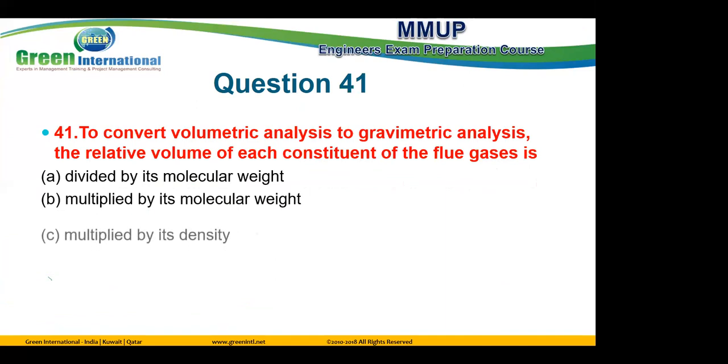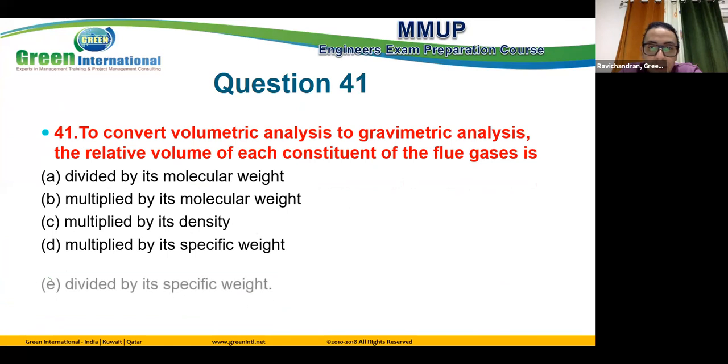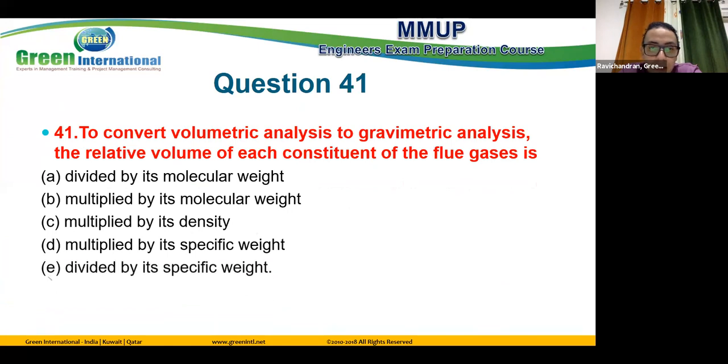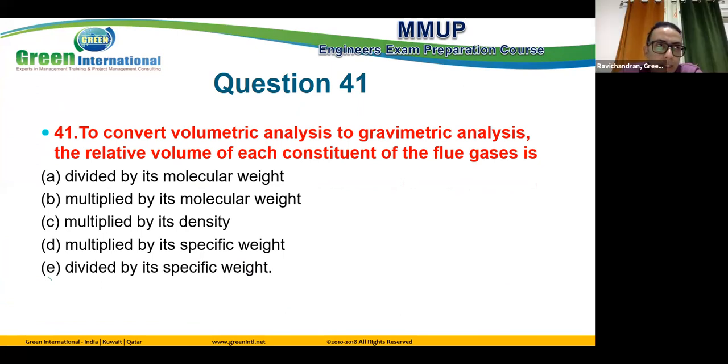To convert volumetric analysis to gravimetric analysis, the relative volume of each constituent of the flue gases is volumetric analysis. It makes the analysis for the gas by volume, where we consider the total as 100% volume and define the concentration of each one as a percentage of volume. But gravimetric analysis is defined by mass, not by volume only. So what is the relation between these two?